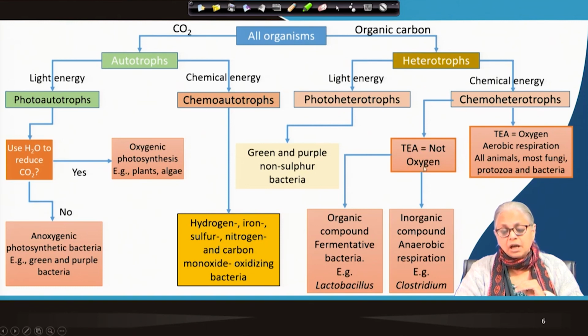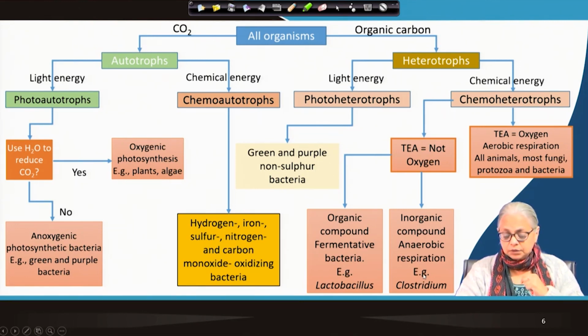So where you have no oxygen, there are two possibilities again. So we have anaerobic respiration, where inorganic compounds serve as the terminal electron acceptor. So we will again go into all these details, like I said, in subsequent topics.